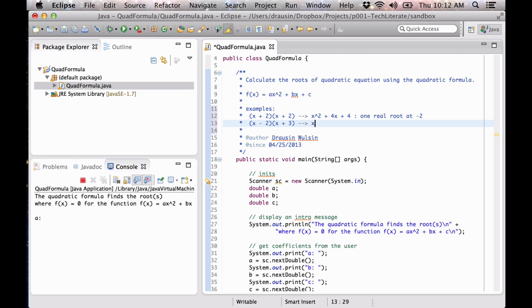Okay, so we FOIL this out, and we get x squared plus x, and then -2 times 3 is -6, right? So this gives us 2 real roots at 2 and -3.